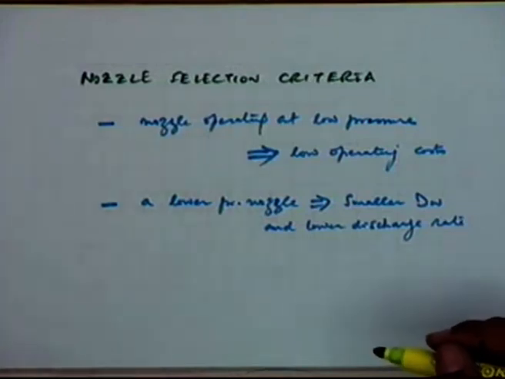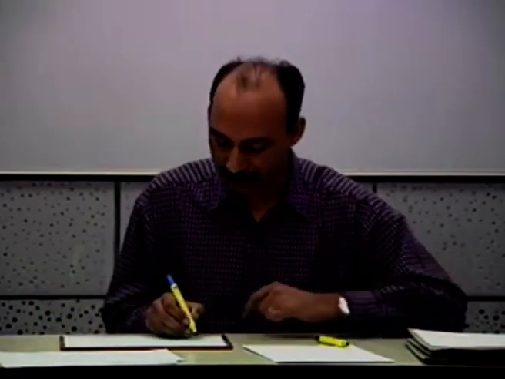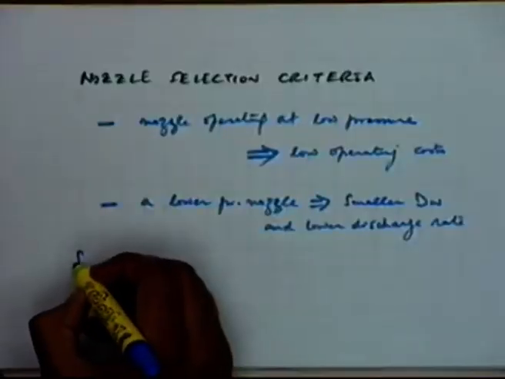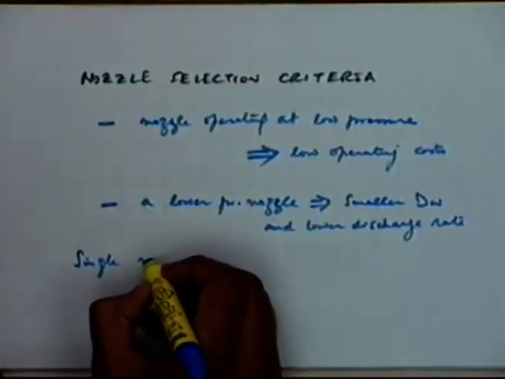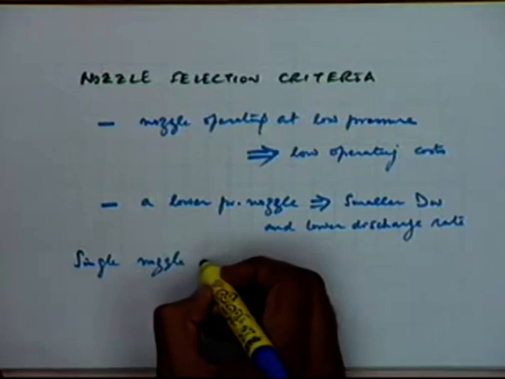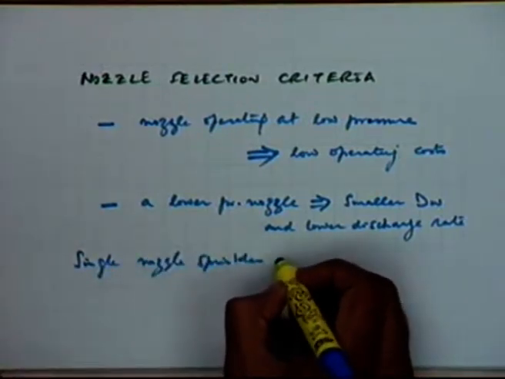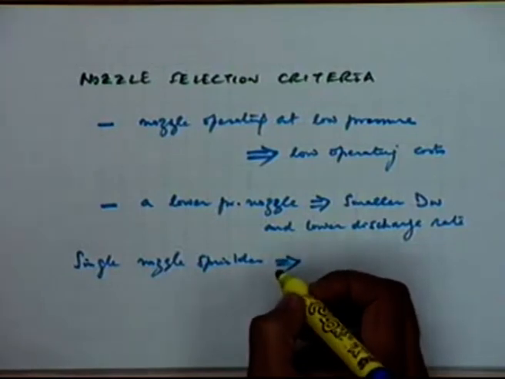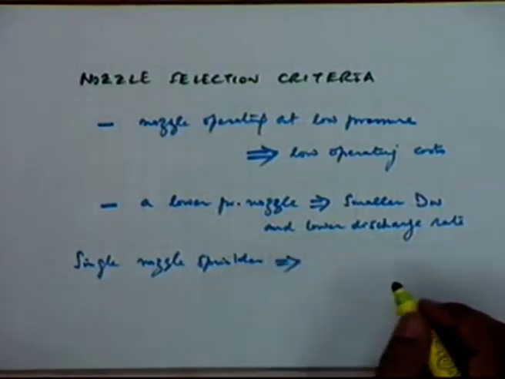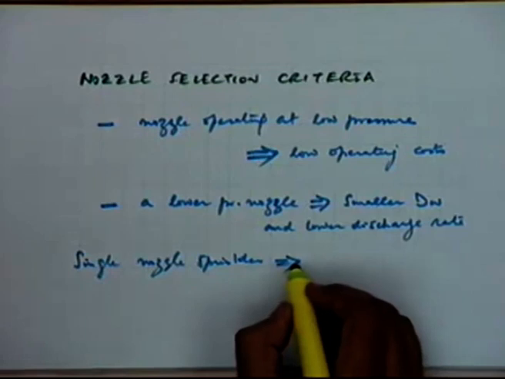Similarly, if you select a particular type of nozzle, the nozzles can be sprinkler heads with a single nozzle, or sprinkler heads with double nozzle. So let's say that if you select a single nozzle sprinkler, what is the result?